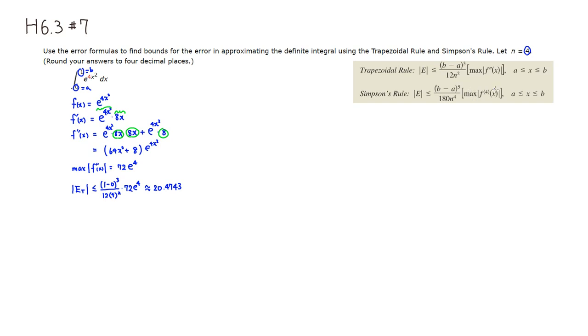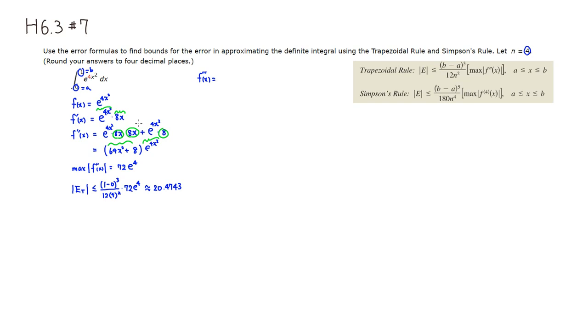You see that we have to find the fourth derivative, so we're going to have to take a couple more derivatives. We need to find f triple prime of x. Again we have the product rule. This is our first guy, this is our second guy.